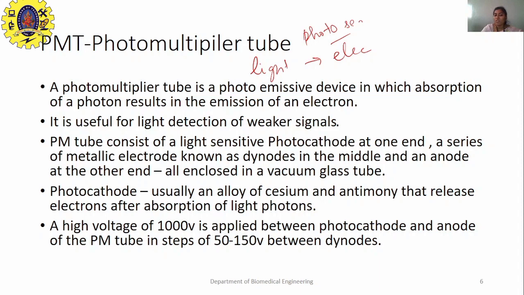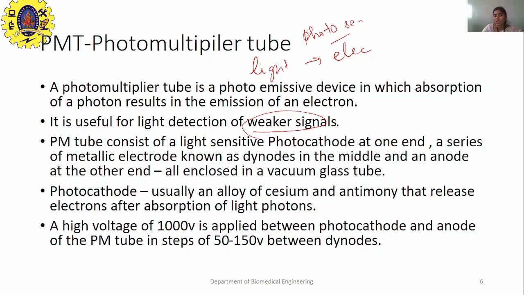The thing which differs from the photo tube is that it is mainly useful for light detection of weaker signals. That is, it can easily detect very weak signals also. But in the case of a phototube, a weak signal will not be detected. That is the main drawback there. Also the resultant electrical signal which you get from a phototube is very weak.